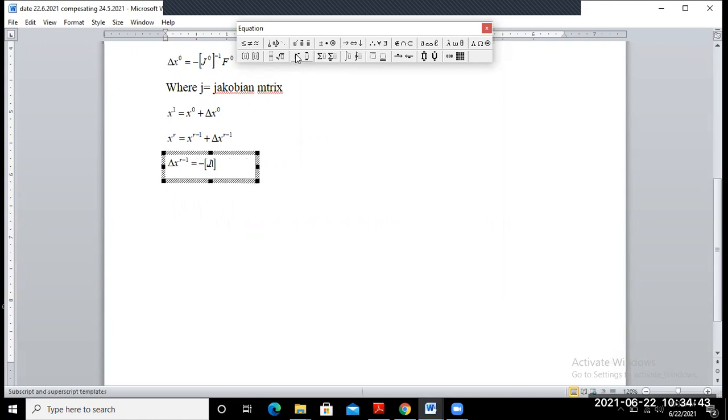This one is your J to the power r minus 1 inverse, that means to the power minus 1, into F to the power r minus 1. Okay.